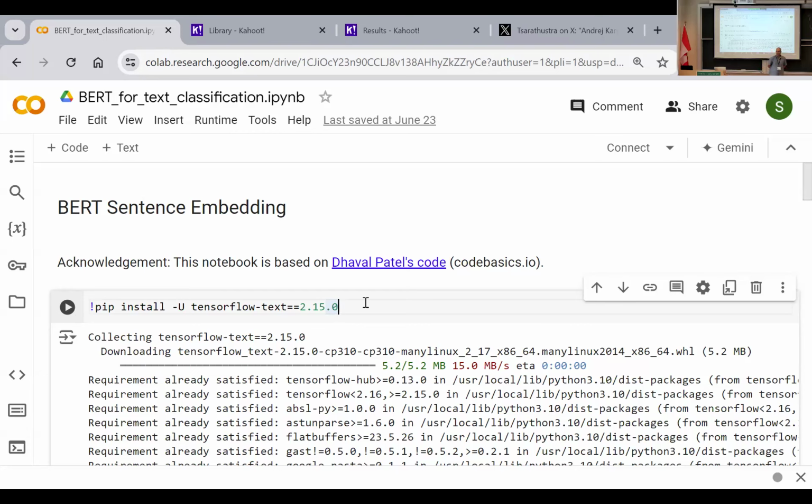Other questions? All right, so the Python code that I showed you works, but there's an important part that was missing from the screenshots on the slides. The very recent version of TensorFlow Text has an issue with some other libraries.